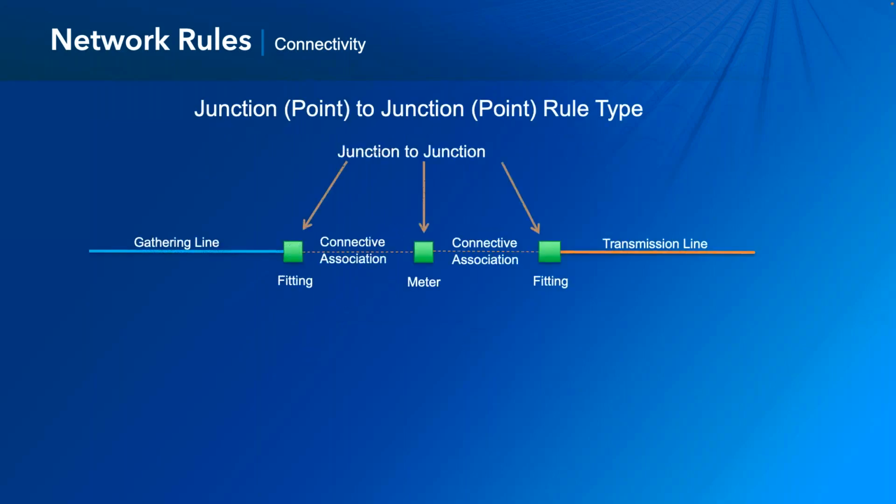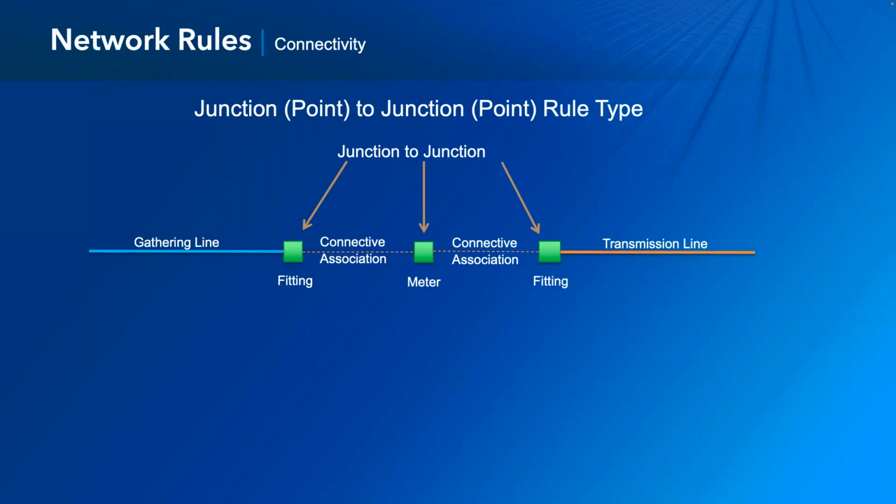Now, to get a little more complicated, as we start looking at junction rules. So here we have some rules that say, hey, I can not only connect points to lines, but I can actually associate points together. So how many times have you tried to connect your pipeline and you just don't know what's in the middle? And we don't ever want to just draw false pipes that we don't know about.